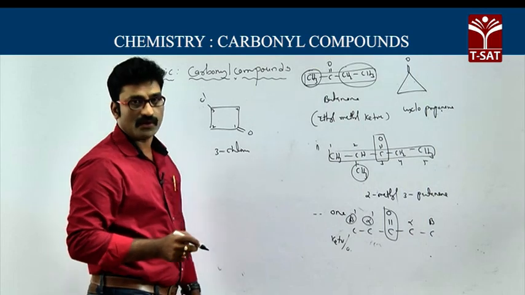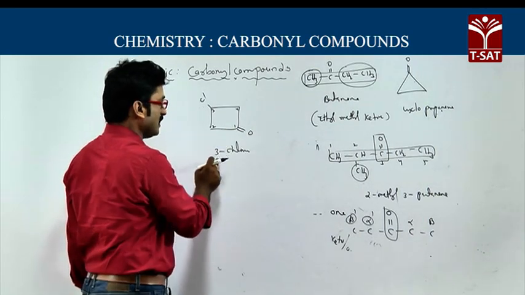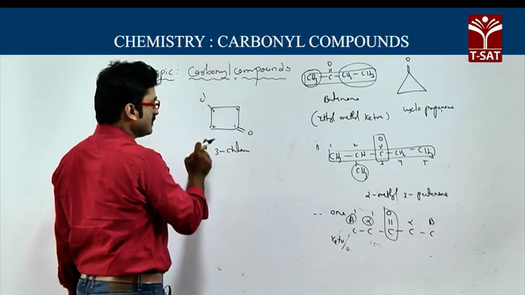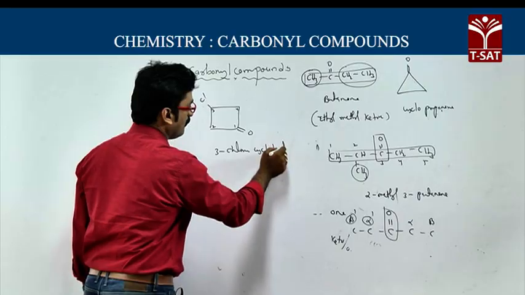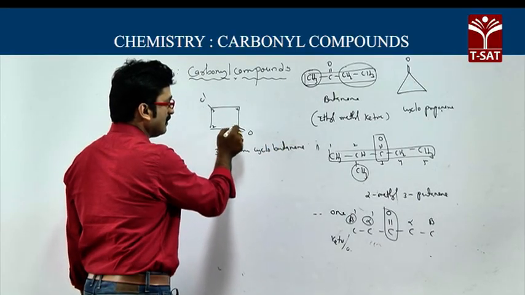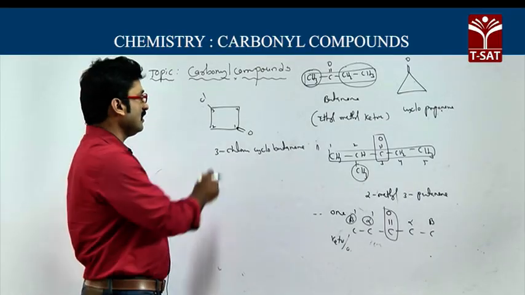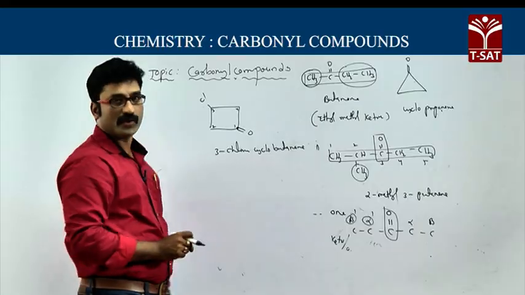So cyclobutane, and here C double bond O, the ketone functional group, is there. So its IUPAC name is 3-chloro cyclobutanone, because this carbon is included in the parent chain in the ring.